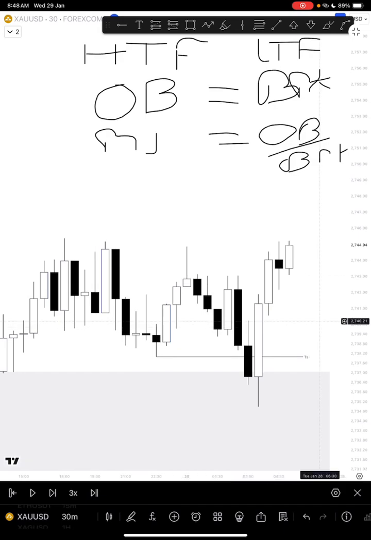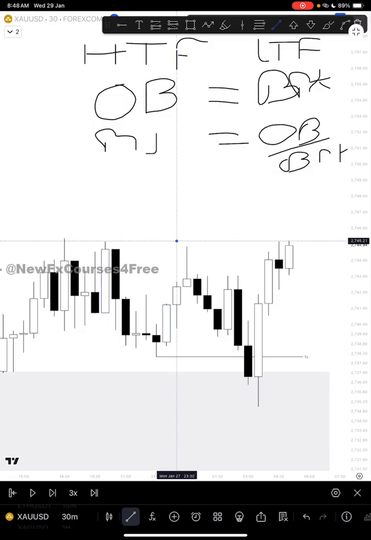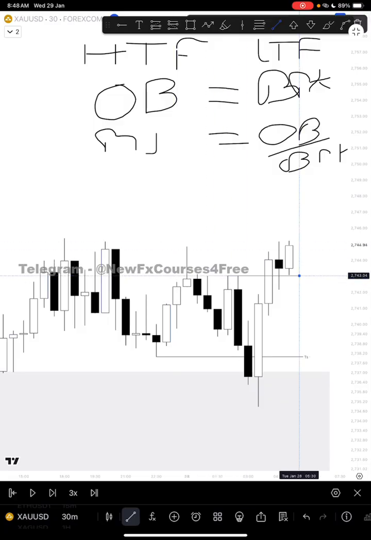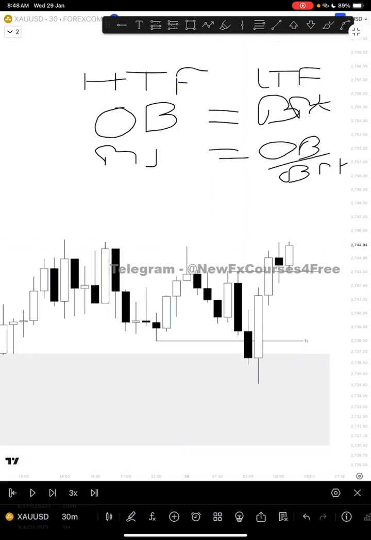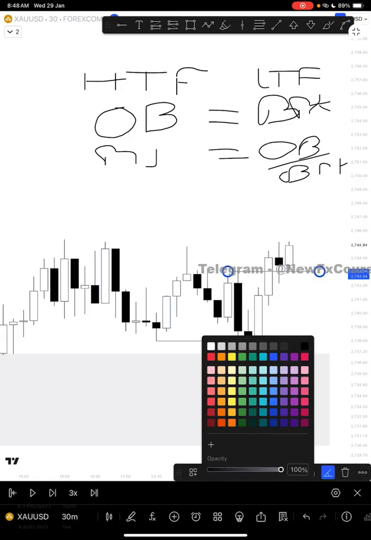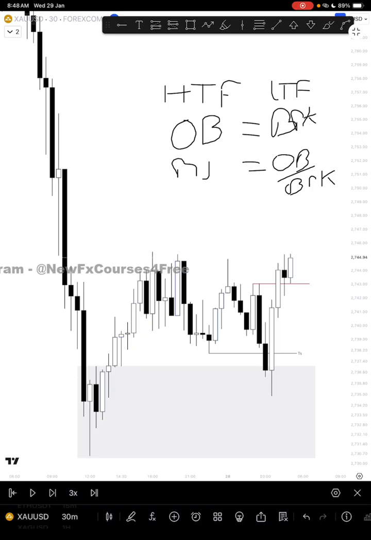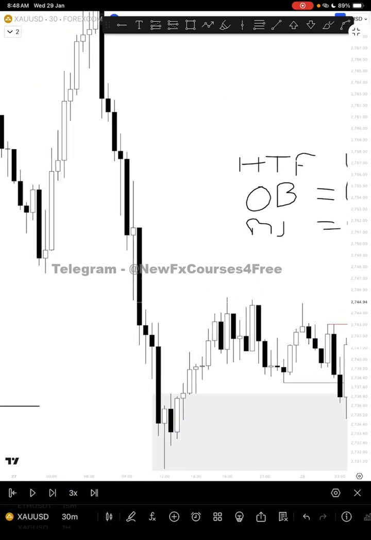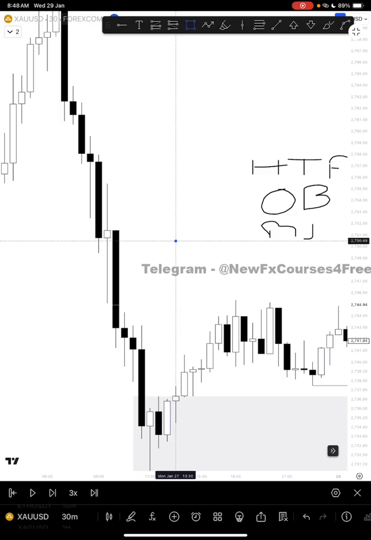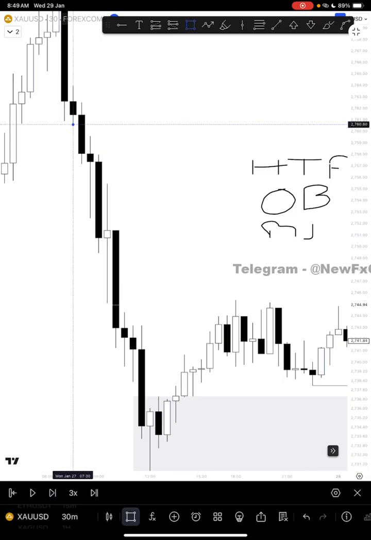If you look here, what do you got here? You got your breaker block, and you can take this trade off this breaker block. Sorry about that. And if you look to the left, all these are liquidity voids.